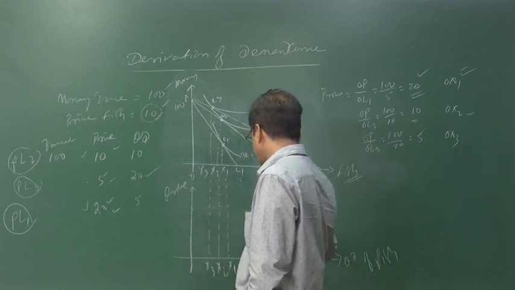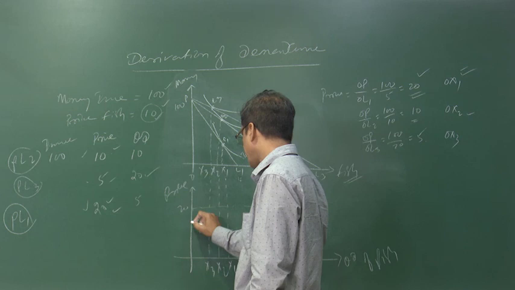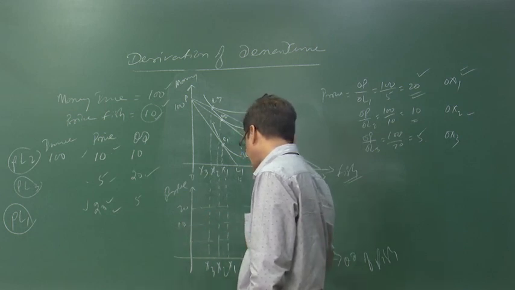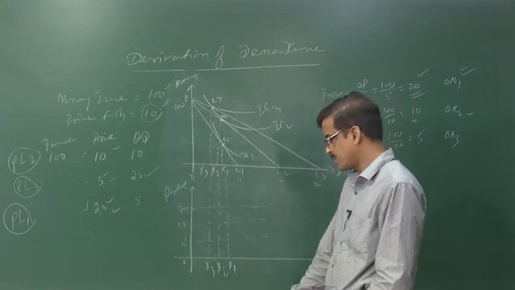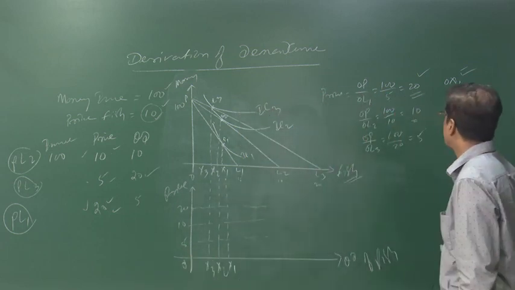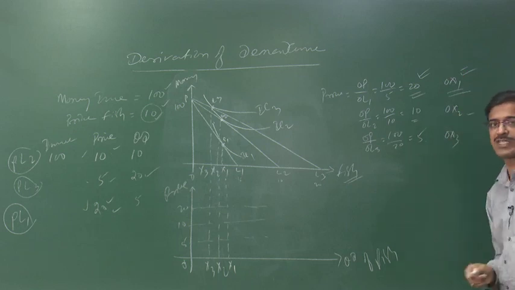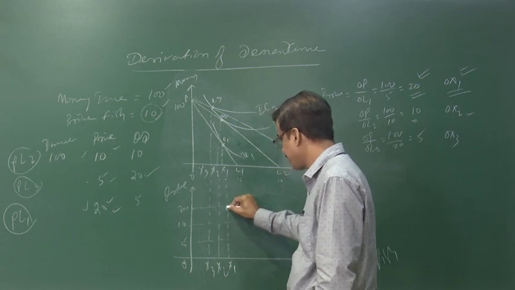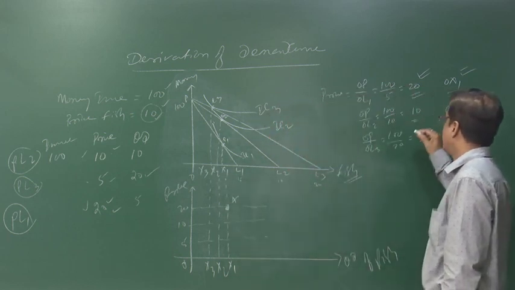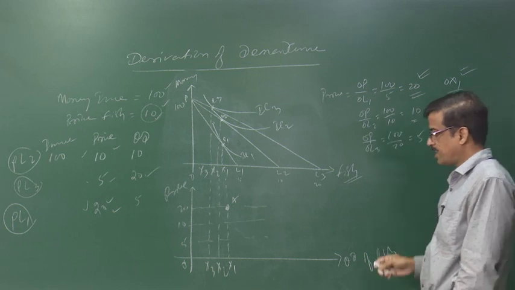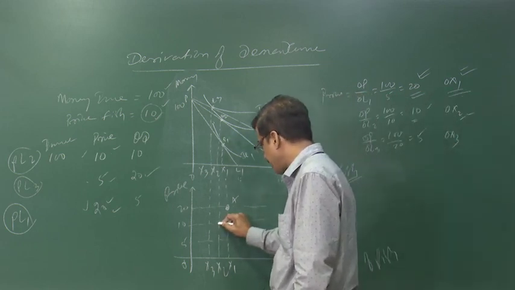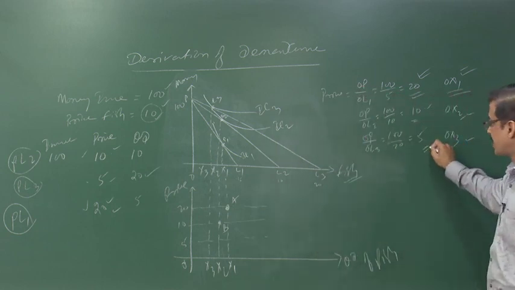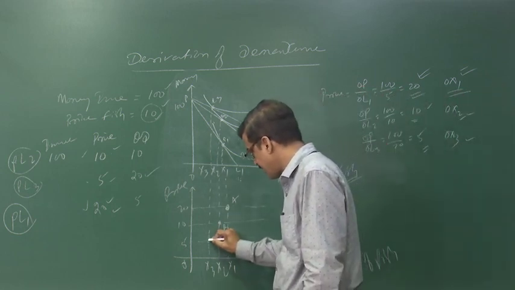The price is 20 rupees, the high price, this is the medium price, 10 rupees, and for the low price it is 5 rupees. So at 20 rupees, how much will be purchased? OX1 will be purchased at 20 rupees, this is the point A. OX2 at the price 10, this is the point B, and OX3 at the price 5, this is the point C.